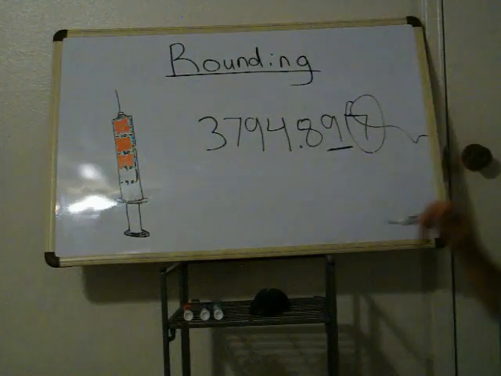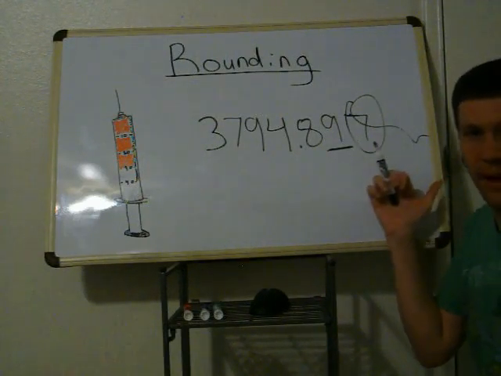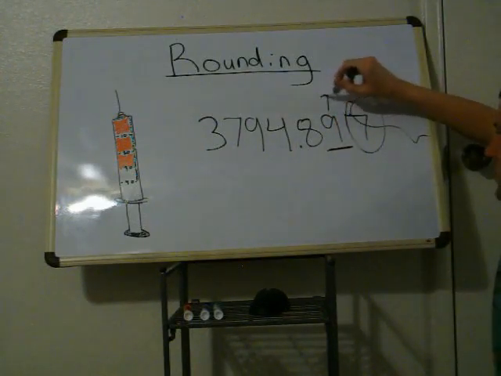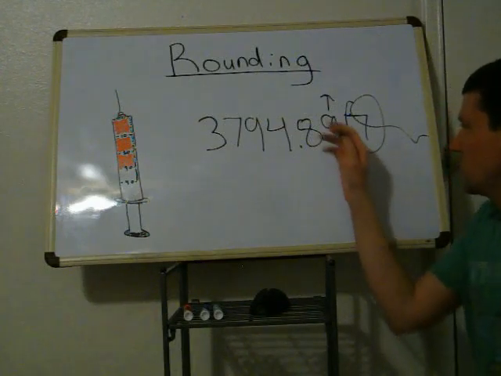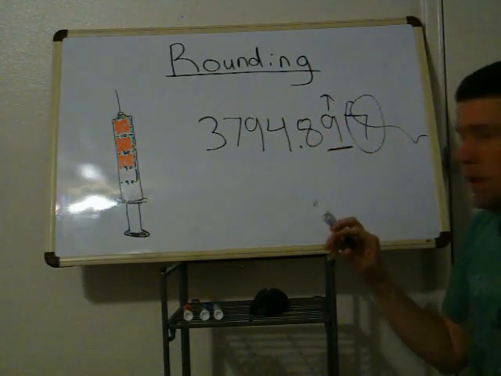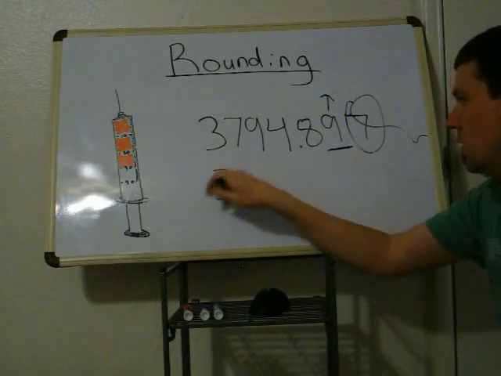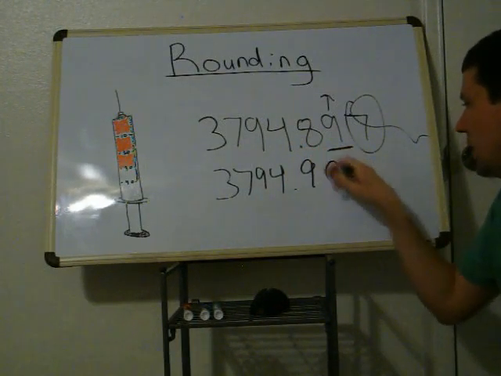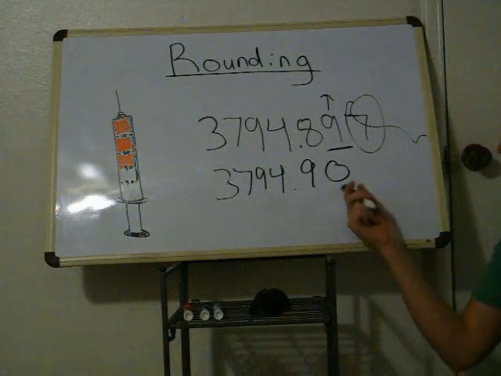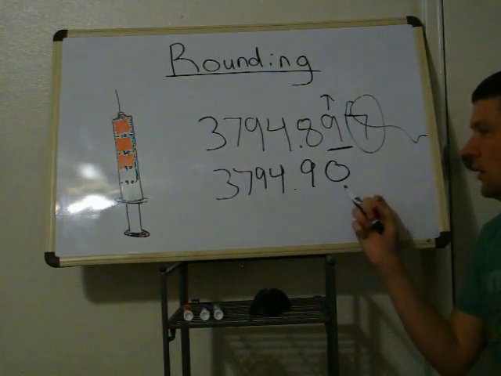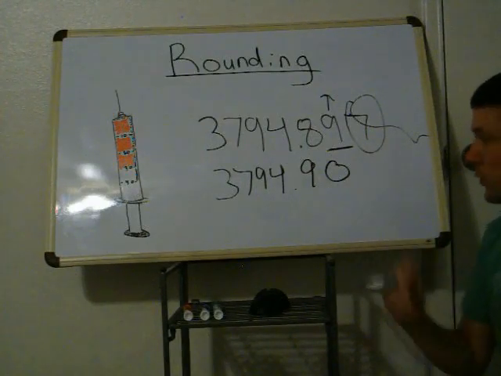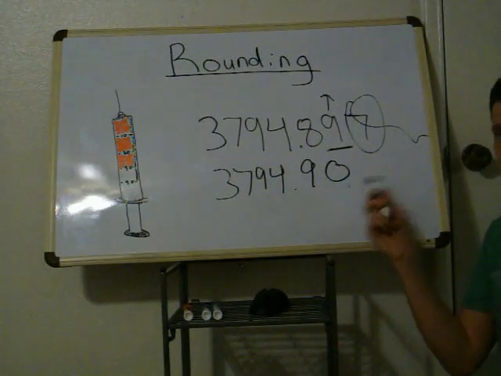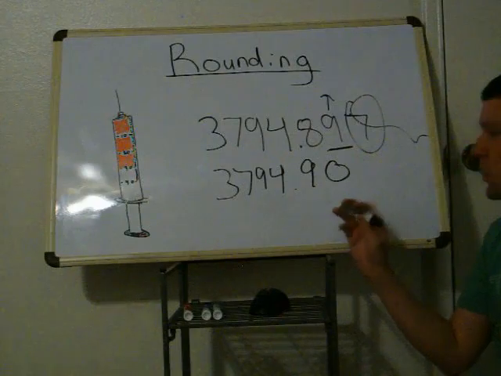So we ignore the 7 and everything past it, and this 9 goes up. So we round this 9 up to a 10, which carries on over to this 8. So our new number would be 3794.90. Now in this case, we do want to keep this 0 here. Normally we would just get rid of it since it's not really affecting the rest of the answer. But since we're specifically rounding to the nearest hundredths place, we want to keep it.